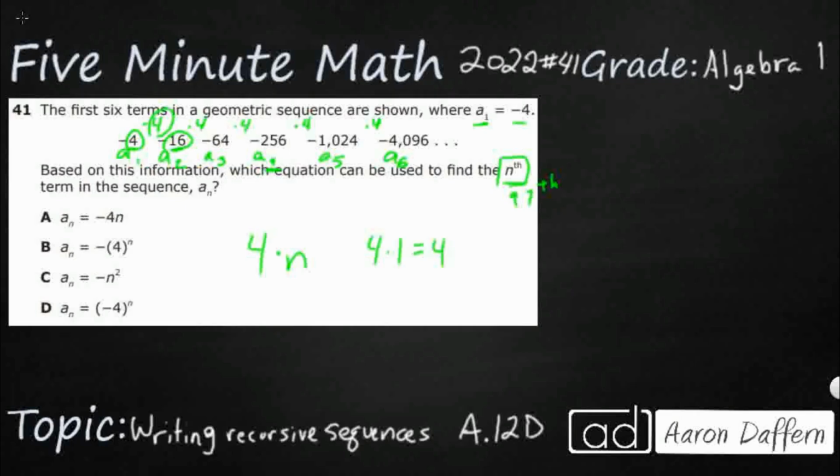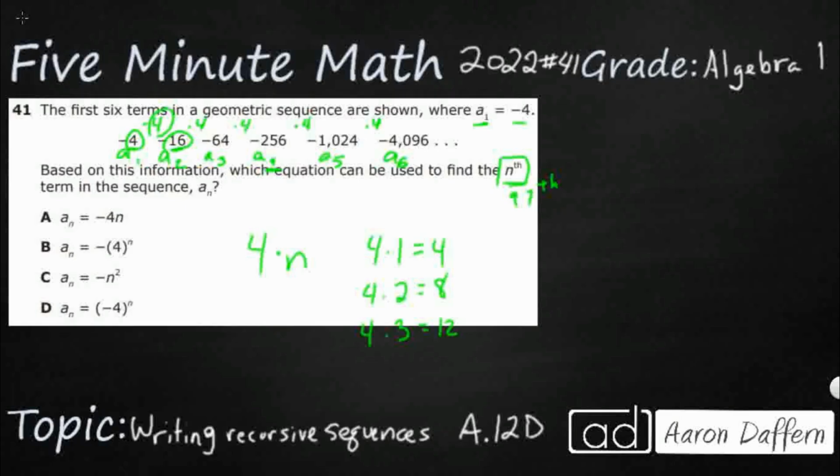We'll deal with a negative in a second. That works. But if I were to say my n is 2, the second term in this sequence, you see, is supposed to be 16. That doesn't work. All right, so simply multiplying 4 times the term in the sequence is not going to work. You see, that third one is supposed to be 64, but it only makes it 12.